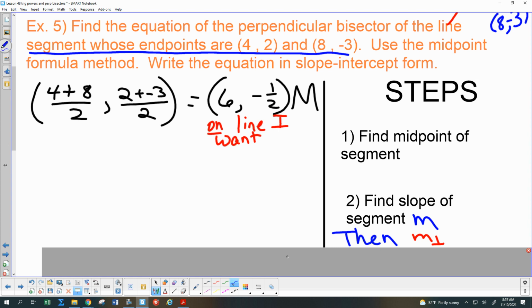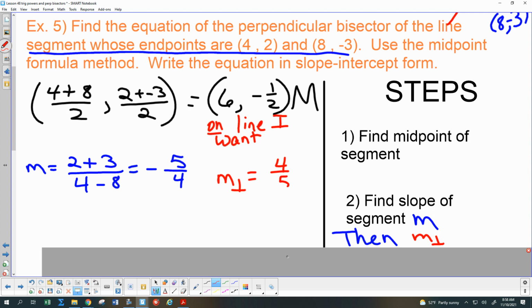So to get the slope of the line segment that I started with, I have to subtract the y's. So 2 minus the negative 3 over 4 minus the 8 gives me 5 over negative 4, or negative 5/4. That means the slope I really want is, flip it and change whether it's positive or negative. So I really want 4/5.